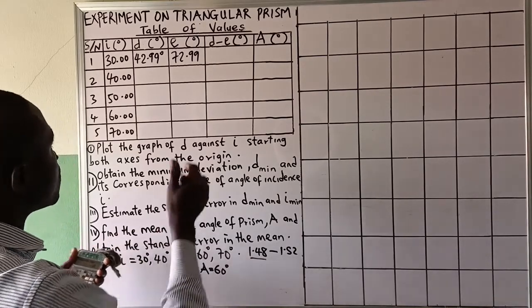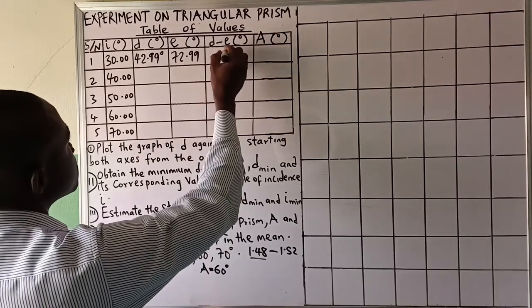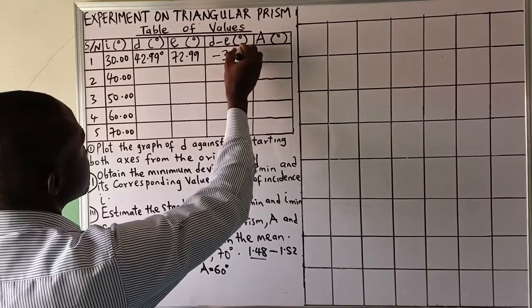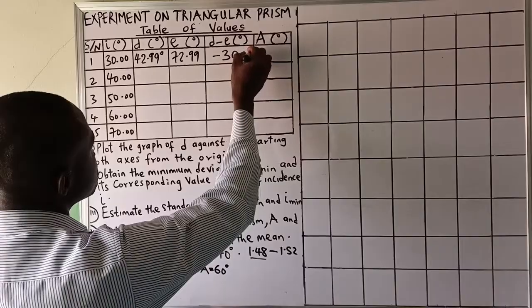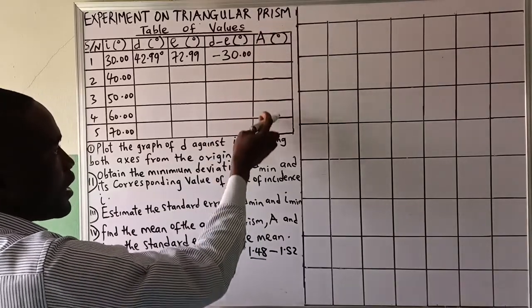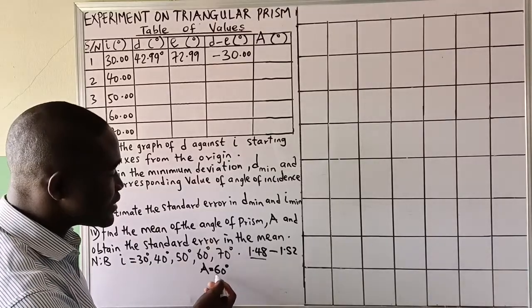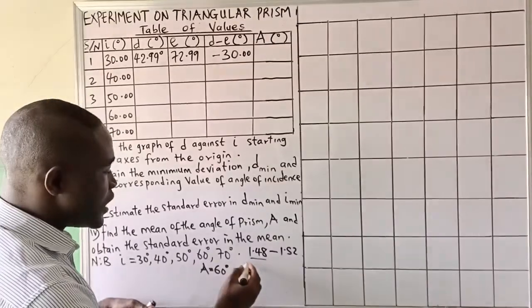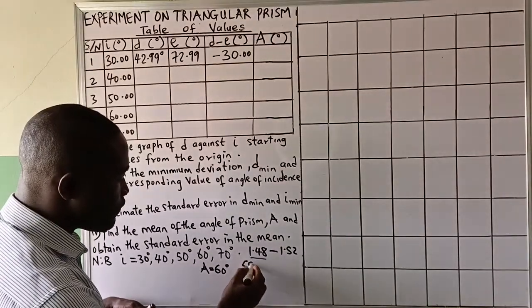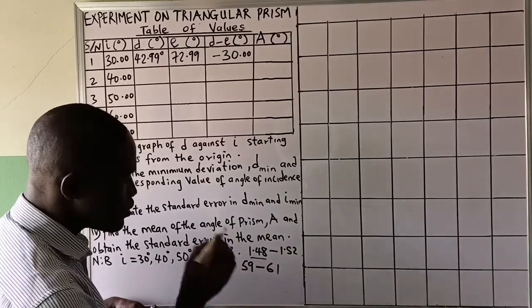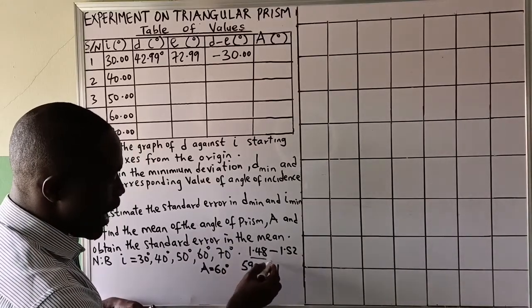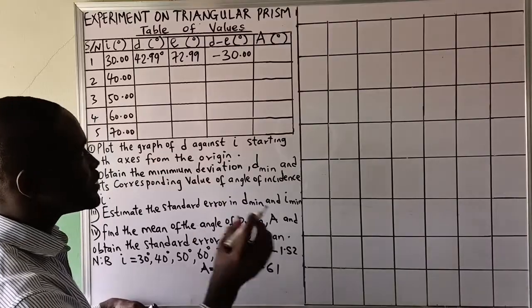That will be giving us minus 30.00. Now your A, since our A is taken to be 60, that means the range will fall between 59 to 61, knowing fully well that the average of it will be giving you 60.